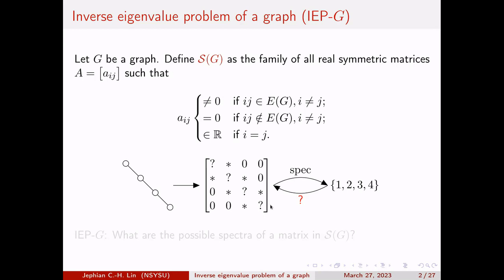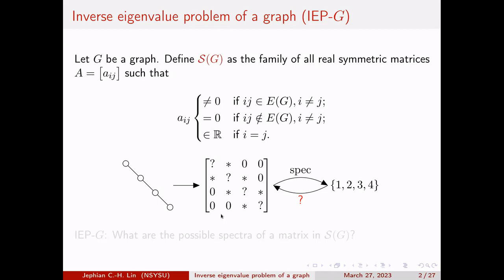And I want this matrix to be symmetric. So you can think of this matrix as more like a weighted adjacency matrix with a free diagonal. When I collect all these weighted adjacency matrices, I call the set of these matrices S of G.